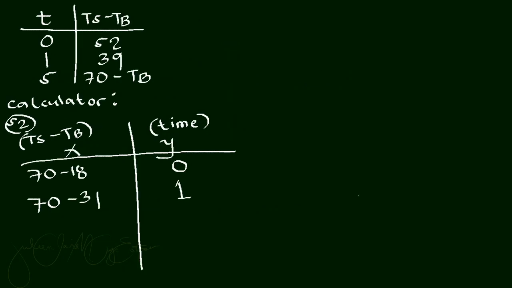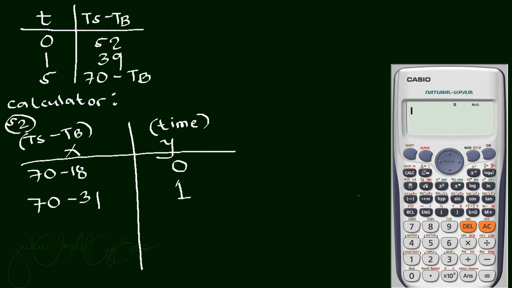Now, if that will be our table, so let's have our solution 2 using the calculator. So your x will be here, and then your y would be there. So if we are going to use your calculator, you press mode first. Press mode, and then you choose 3. That is for statistics.